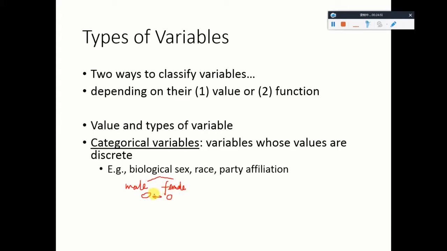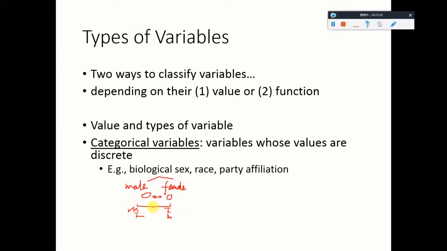There's no overlap between these two values, and it doesn't make any sense at all to place these two values on any kind of scale. You could place male here and female here, or female here and male here, but that doesn't mean anything, right?